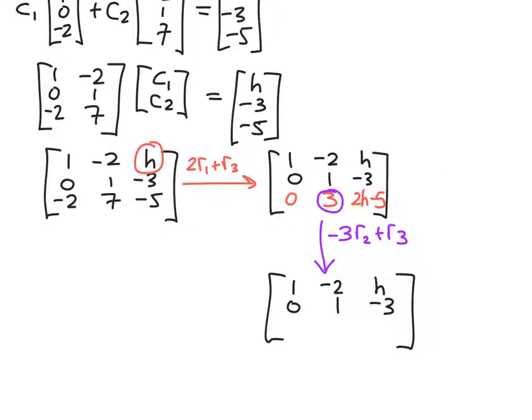Therefore, H equals negative 2. So that's just telling us, again, for what values of H will Y be in the subspace of R3 spanned by V1 and V2? So really, it's just getting at this idea that a subspace and a span are really talking about the same thing.